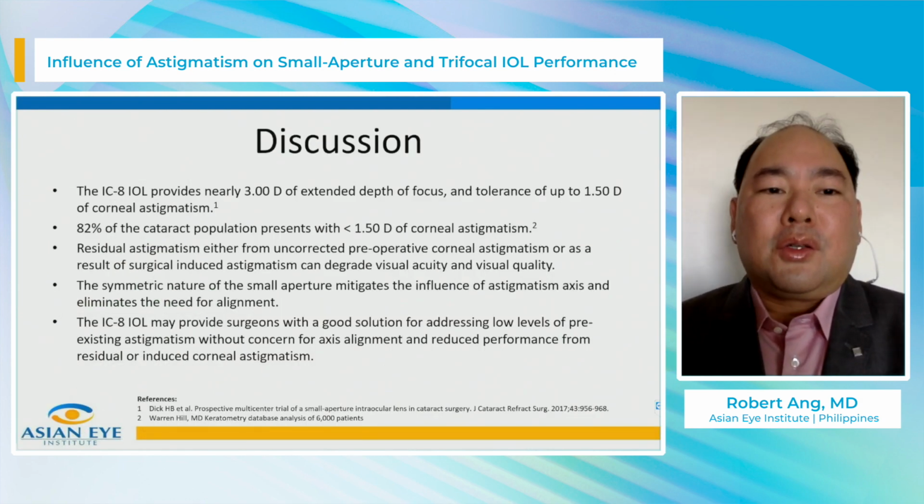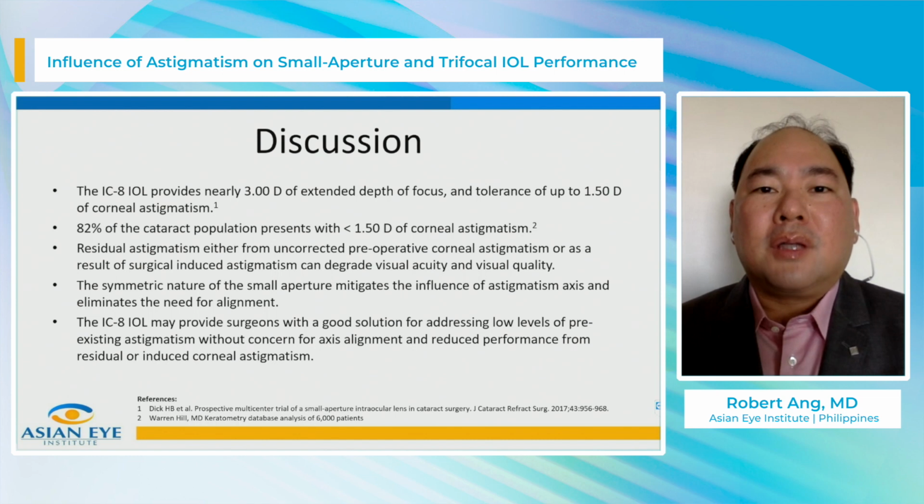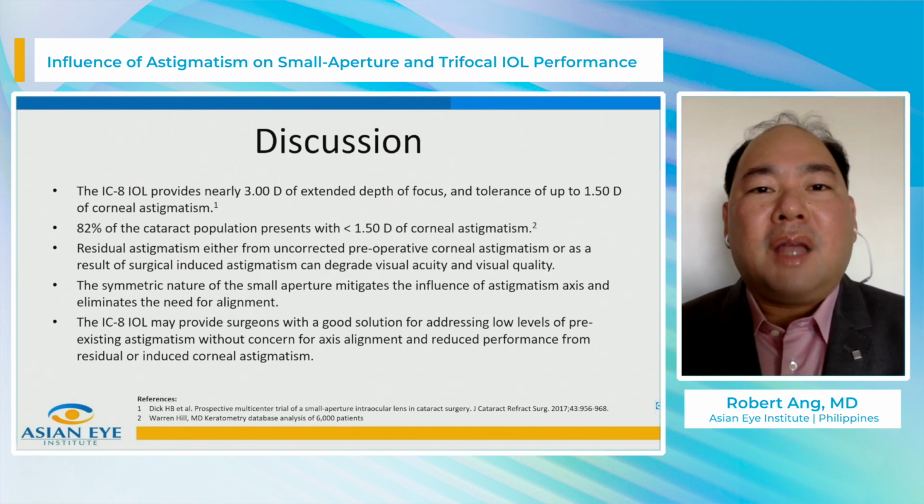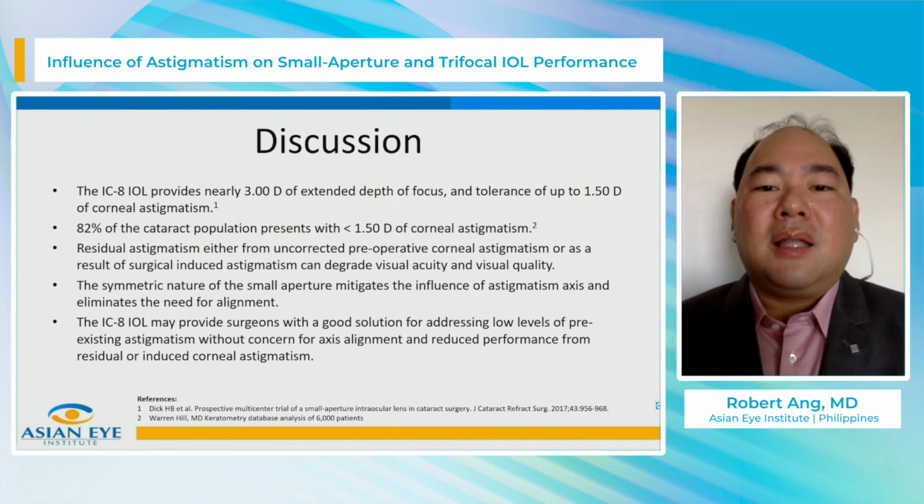So in conclusion, the IC8 provides nearly 2 to 3 diopters of extended depth of focus for presbyopia correction. But in addition to that, it gives us a tolerance of up to 1.5 diopters of corneal astigmatism. The beauty of it is 82% of the cataract population has less than 1.5 diopters of corneal astigmatism.